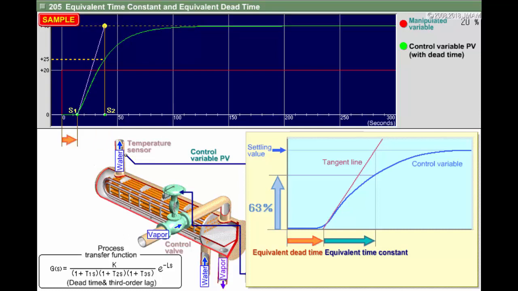The amount of time from when the manipulated variable changed to point S1 is the equivalent dead time, and the amount of time from point S1 to point S2 is the equivalent time constant.